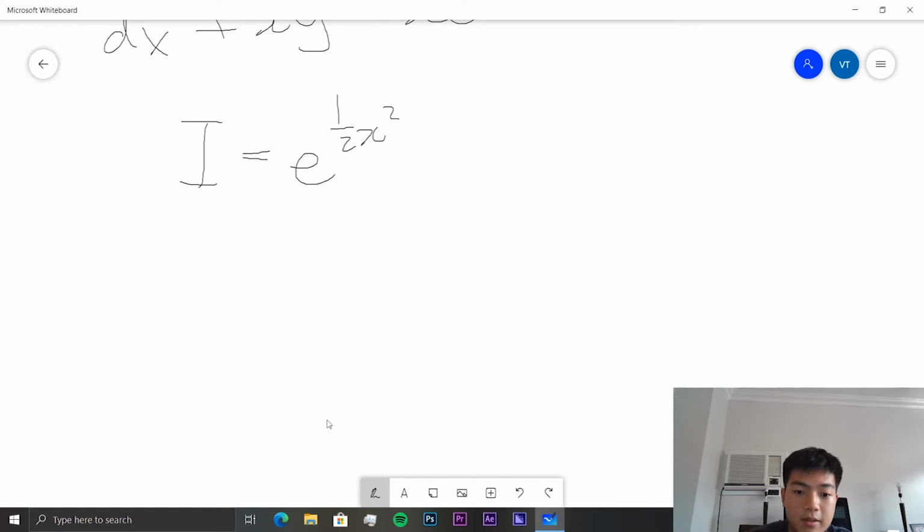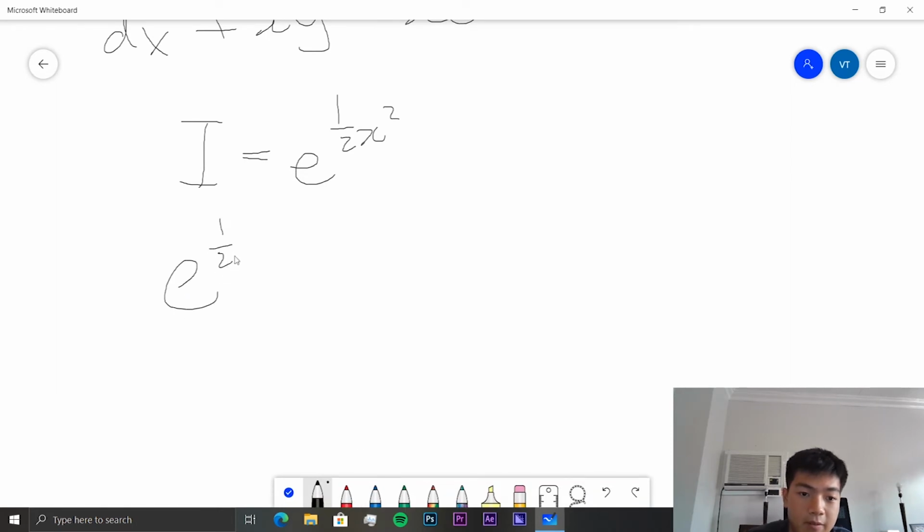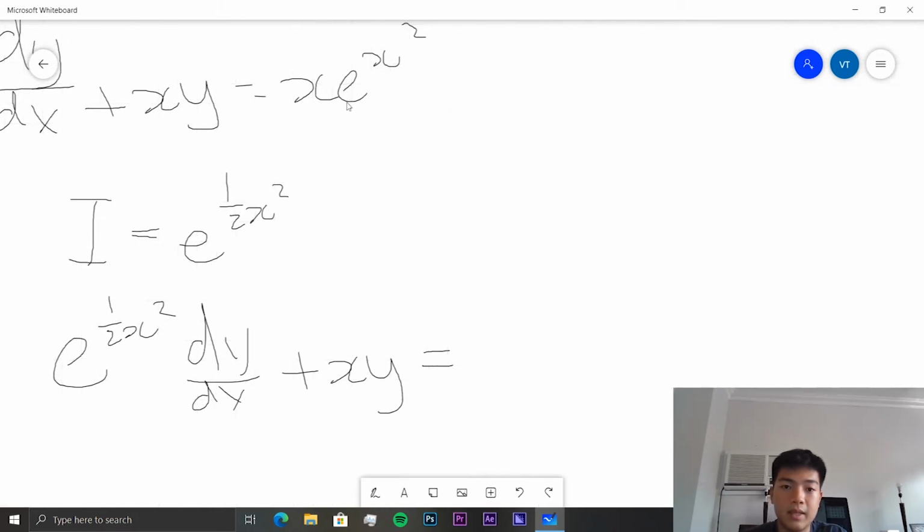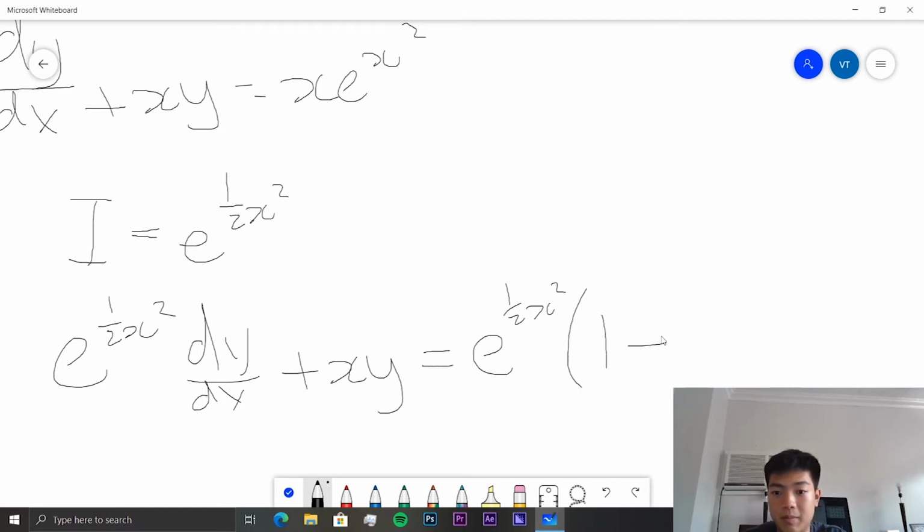So if we multiply here by e to the power of 1/2 x squared, we have dy over dx plus xy is equal to e to the 1/2 x squared times 1 plus e to the 1/2 x squared.